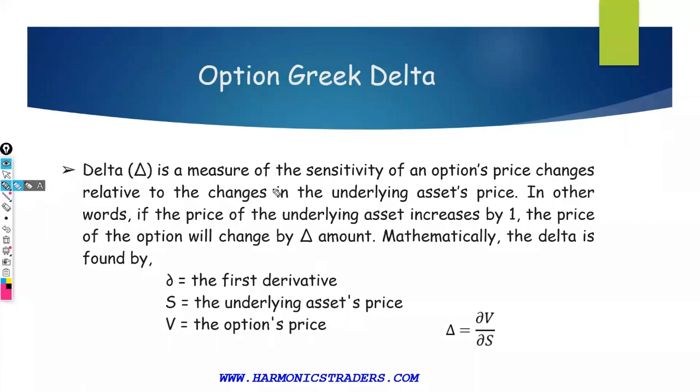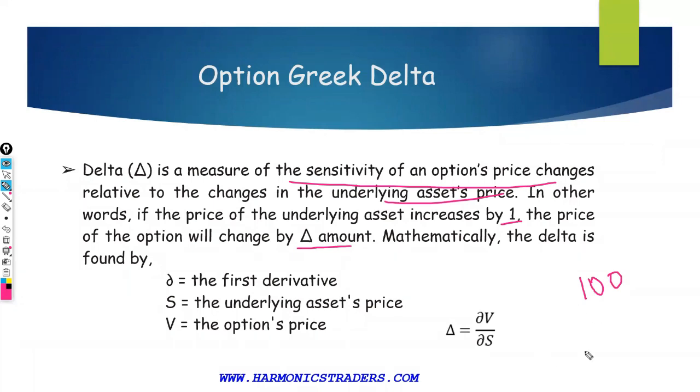as mentioned, is going to measure the sensitivity of the option price with respect to price changes. In very basic terms, if Nifty moves up by 1 point, how much the particular option strike is going to move, that is called delta. Let us say Nifty spot moves by 100 points.